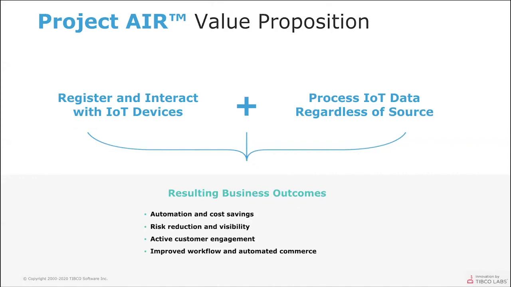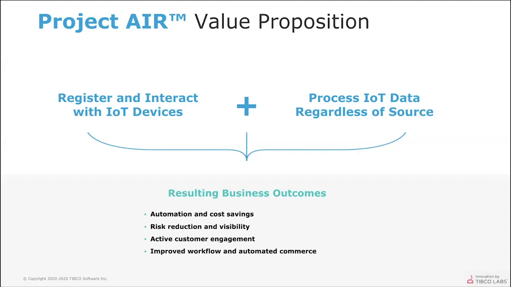So just quickly, the value proposition, as we said, is to register and interact with those IoT devices. Once you know what they are, you plug them into the system, and then you can interact with them and add some data. Once you have that registered, then you can process that data regardless of where it is coming from.